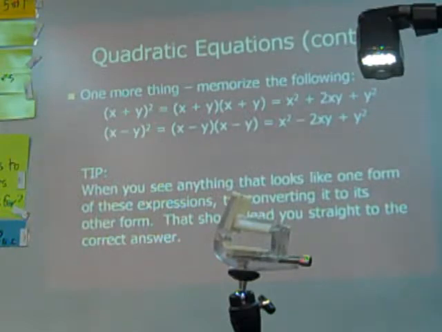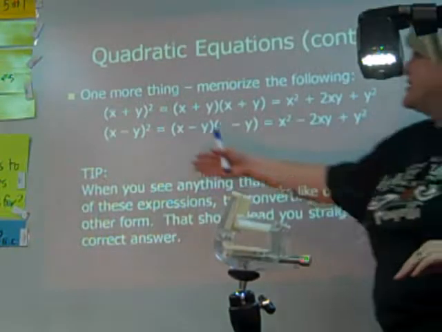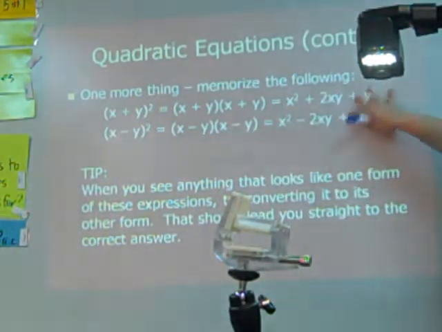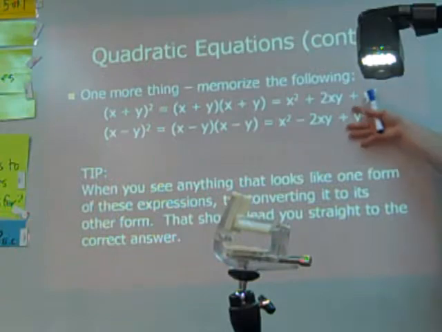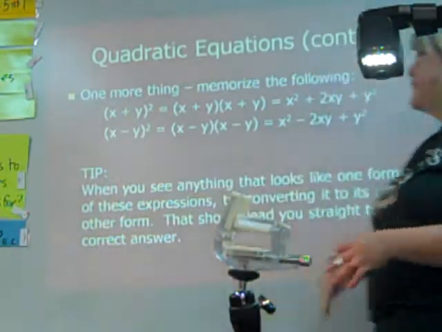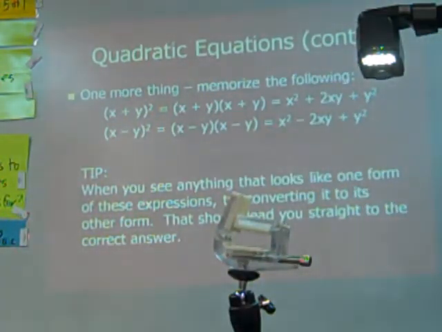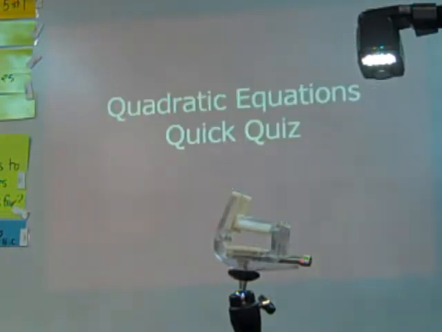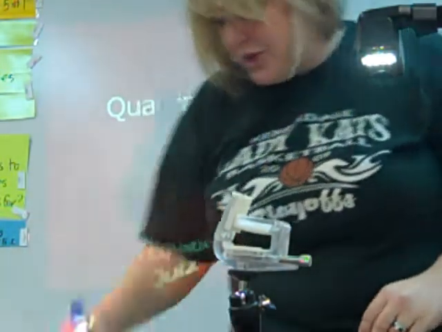And the big tip for these is this. When you see anything that looks like one form of these expressions, try converting it to its other form. So if it looks like this, FOIL it out. If it looks like this, factor it. So if it's FOILed out, factor it. If it's factored, FOIL it. And that should take you to the answer, because that's what the question is about, is whether or not you can factor and FOIL. All right, so let's try quick quiz number 2.